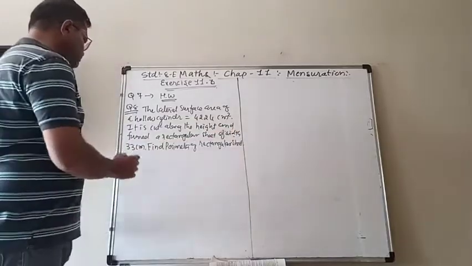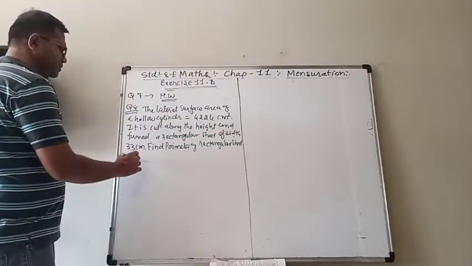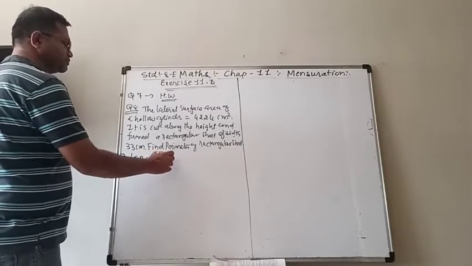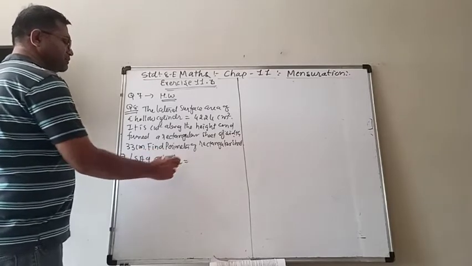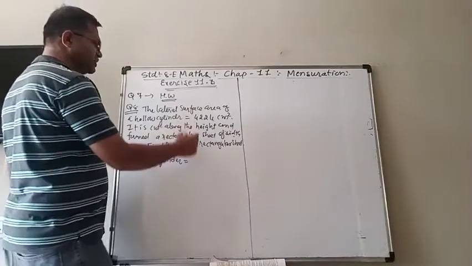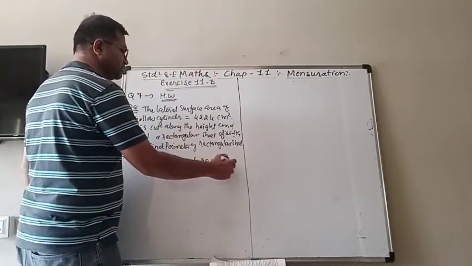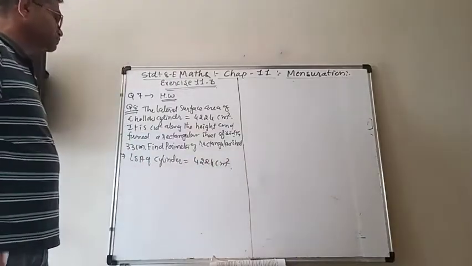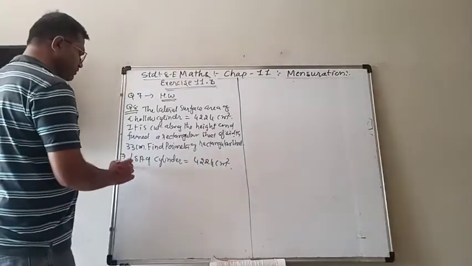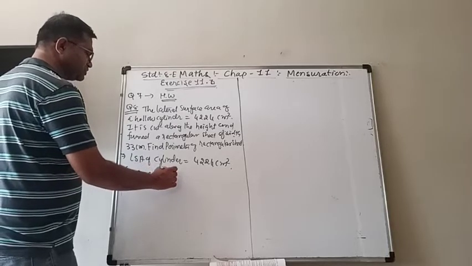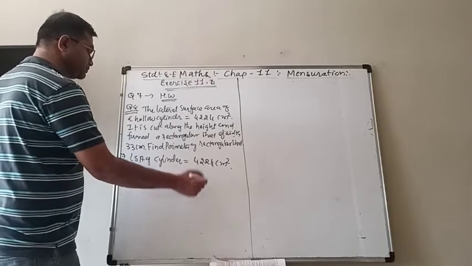So now here, LSA of cylinder is given, means the curved surface area, that is 4224 centimeters square, and formula is 2 pi RH is 4224.